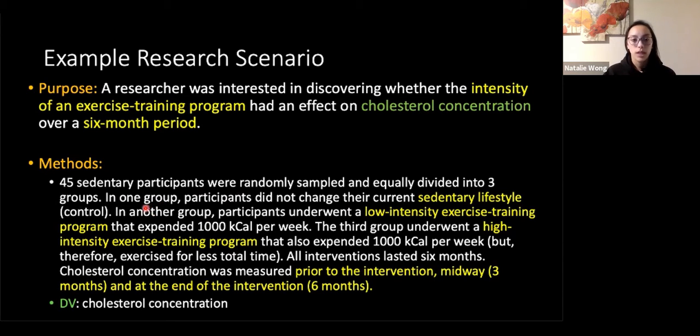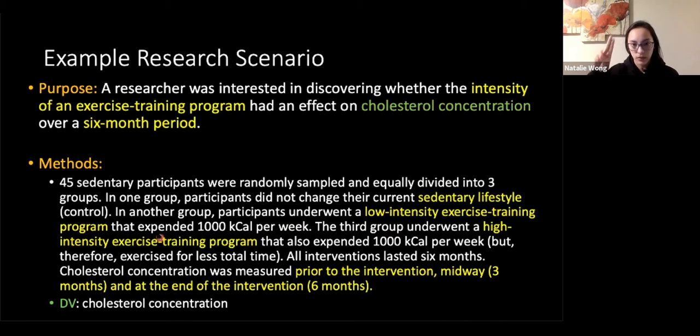In one group, participants did not change their current sedentary lifestyle. So if we're looking at the separation of the intensity of an exercise training program, we have a sedentary group as one level. In another group, participants underwent a low intensity exercise training program that expended 1,000 kilocalories per week.